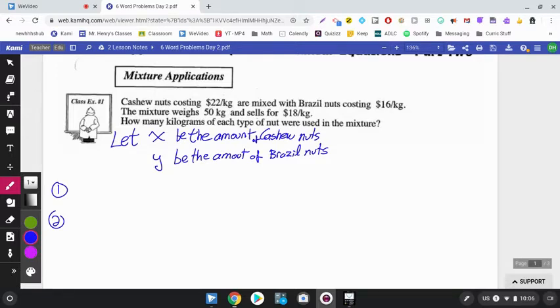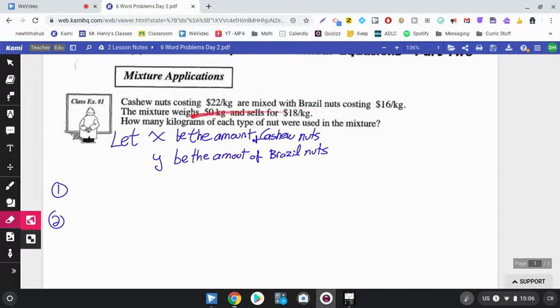How can I bring this all together? What I see is 50 kilograms sells for $18 per kilogram. What that tells me is I actually know a price. After I combine them, the value of it is $18 per kilogram.